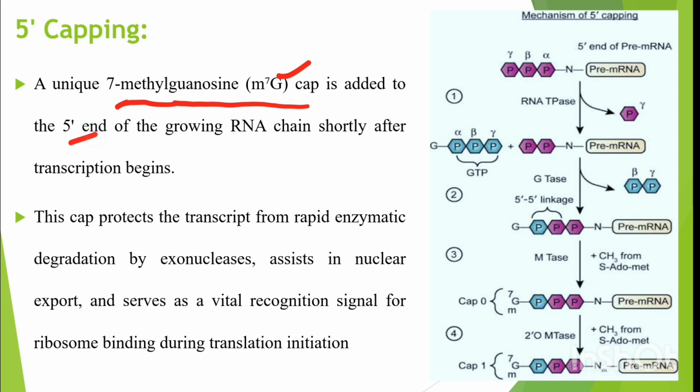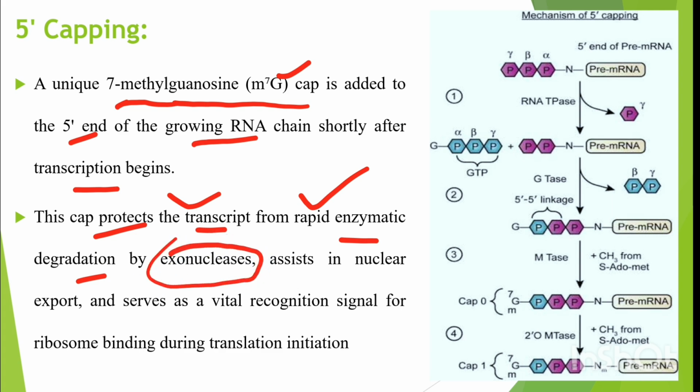It is added to the 5' end of the growing RNA chain after transcription begins. This cap protects the transcript or mRNA from rapid enzymatic degradation. So what is its role? It protects the 5' end of pre-mRNA from enzymatic degradation by exonuclease.